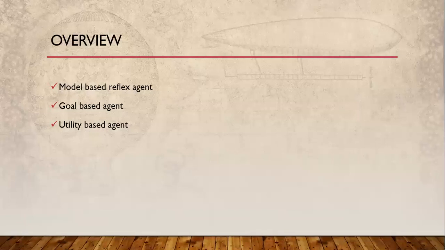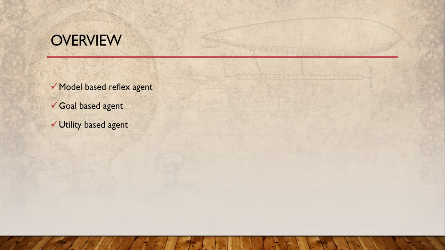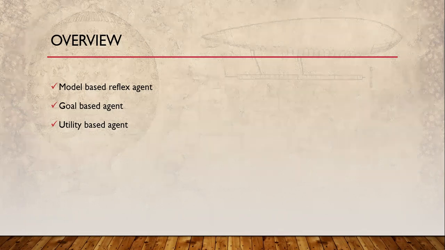All these three agents do not work only on the current percept; rather, the history of percepts and many other things are very important for these three kinds of agents. So when we discussed simple reflex agents, we understood that whenever we are making an agent, our very first motive should be to make it a simple reflex agent, so that we can understand it well.